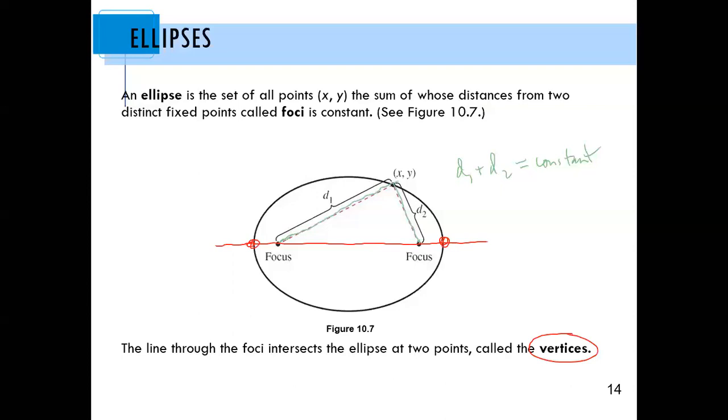But every other point on the ellipse is determined by this property that the sum of those distances from the foci to the point is the same number all the time. Whatever that number is, could be 5, 7, whatever, it's just going to affect the size of the ellipse itself. Any questions on that geometric definition?